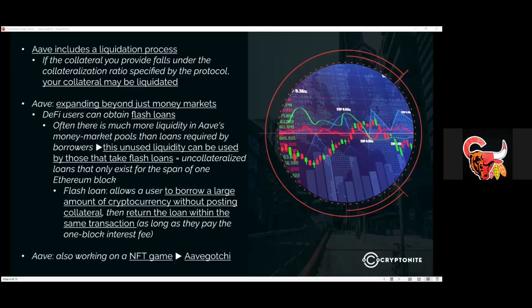where you could borrow money for a very short period of time, and they only exist. Now, they are not necessarily collateralized in the same way as those money markets, because those loans only live in a very short, like one Ethereum block.